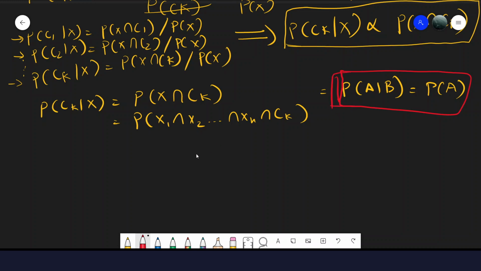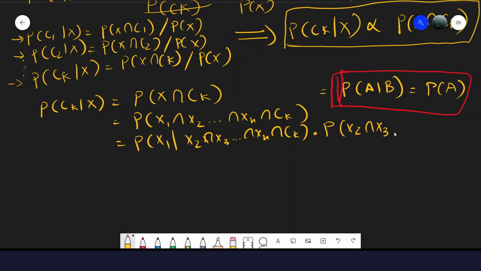So I have this formula and I can write this as P of x1 conditioned, P of x1 given x2 and x3 and xn and ck, into P of x2 and x3 all the way to xn and ck, right?